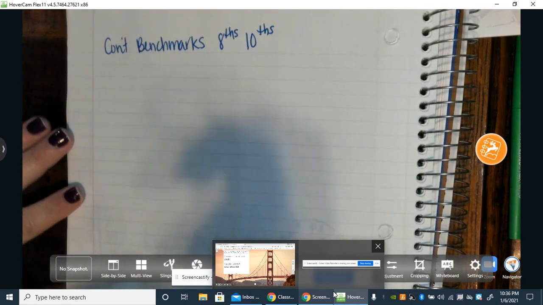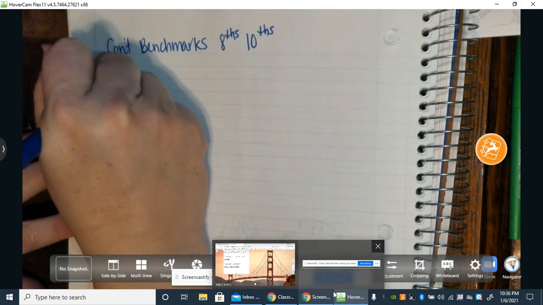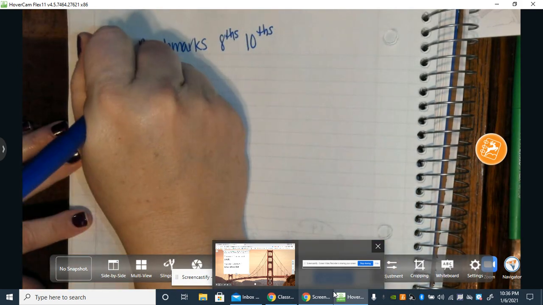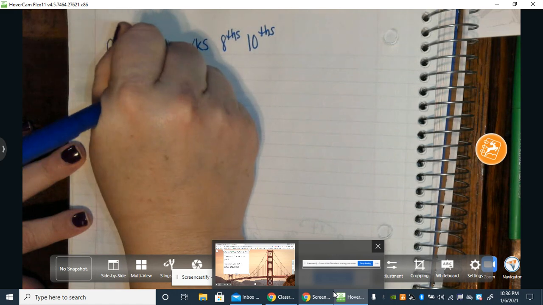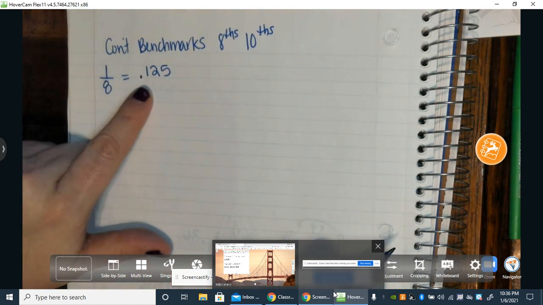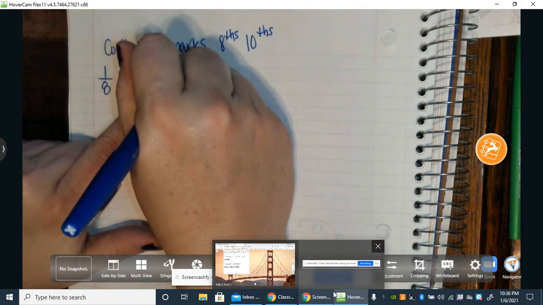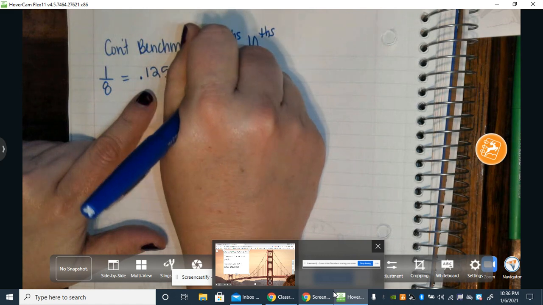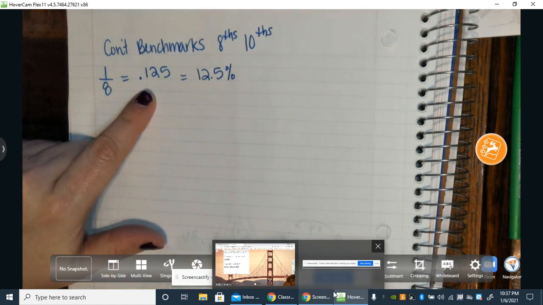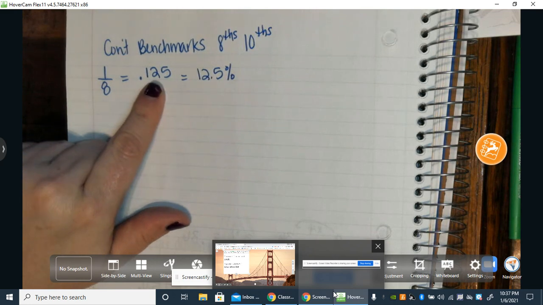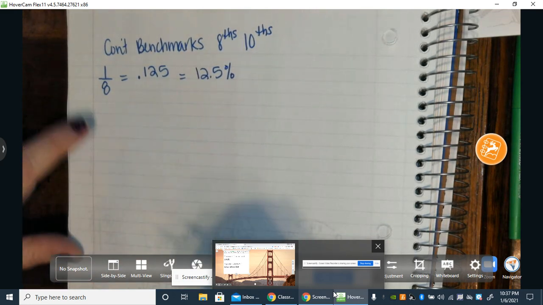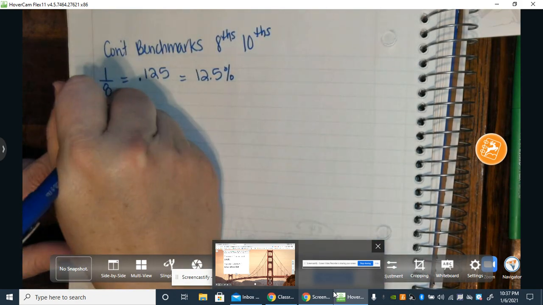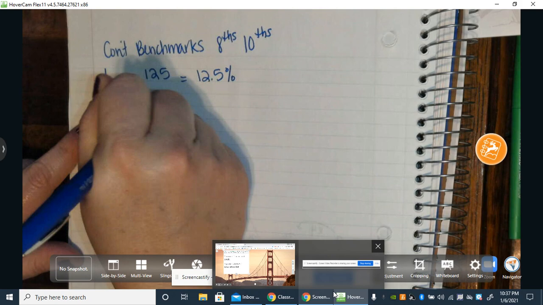Okay, with an eighth, we have 1/8, which is equivalent, okay, so fraction decimal is 0.125. So it's 125 thousandths, which is equivalent to 12.5%. All right. Now I'm going to show you why this is. In our next fraction, we have 2/8. But 2/8 simplifies to 1/4.